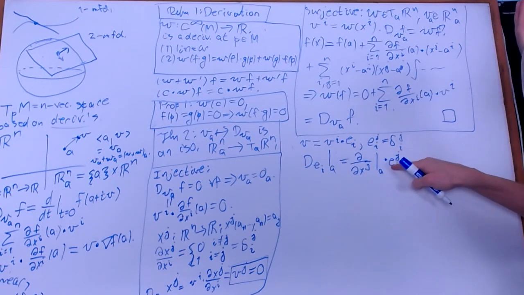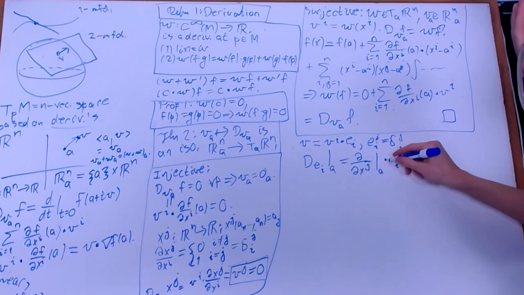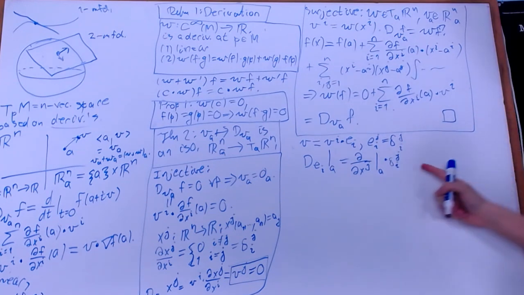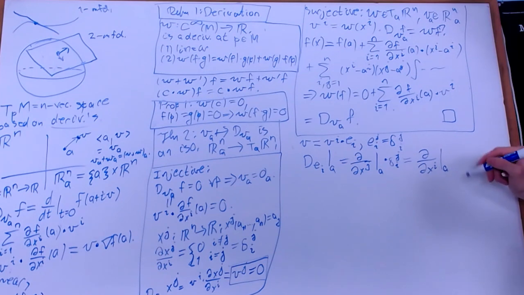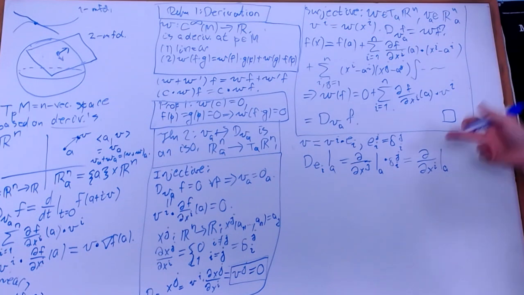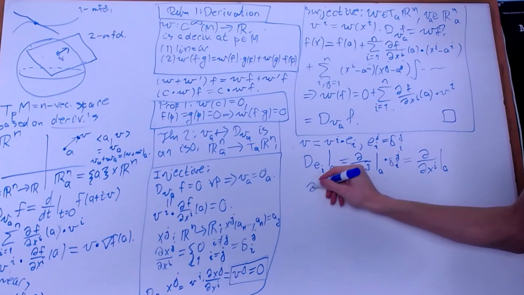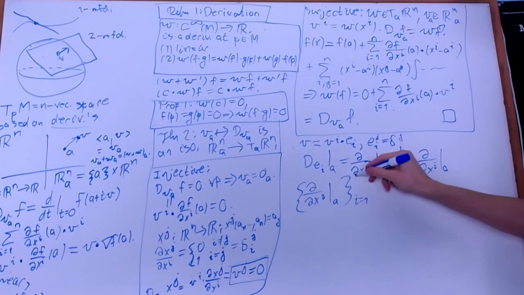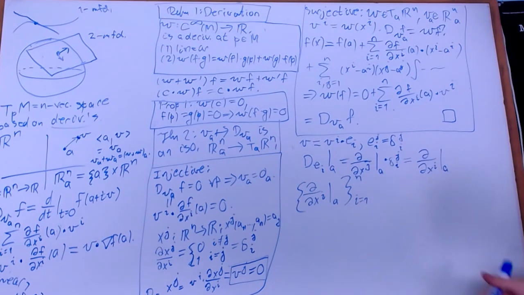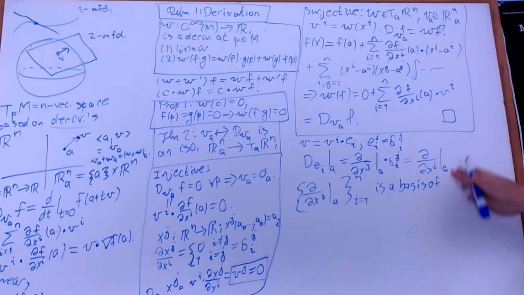But as we discussed before, Eji is the same as delta ji, and that means that this will just single out the single component del on del xi for which i is equal to j. All the other ones will go to 0, 0 multiplied by anything is 0. You single this out. And so what you get is that the collection of partial derivatives, this is for i equals 1 to n, this collection of partial derivatives is a basis of the tangent space on Rn.